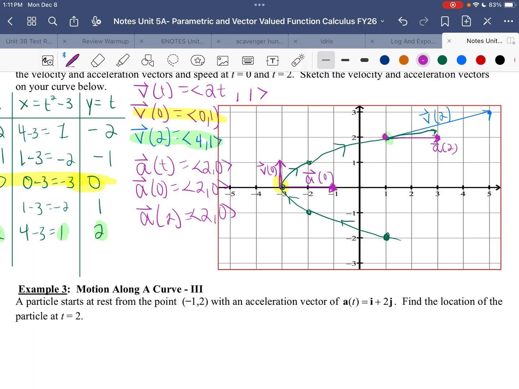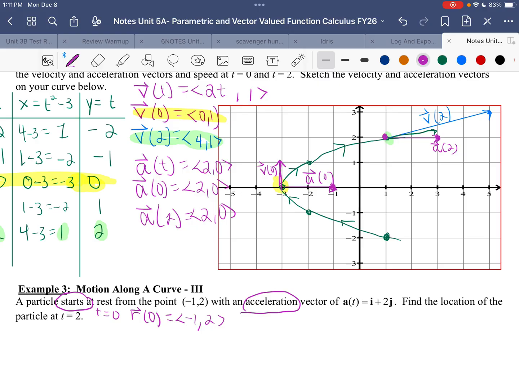Now we're going to look at a particle starting at rest. So the particle starts at rest, so this is t equals 0. At t equals 0, the position is r at 0 is -1, 2, with an acceleration vector of 1, 2.